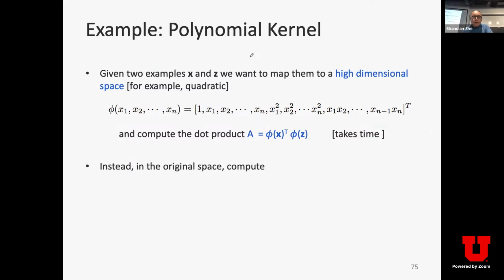Here we can choose an alternative approach. I can define a kernel function, and the kernel function computes the value in the original space, which is simply the dot product between x and z, plus 1, and then squared.